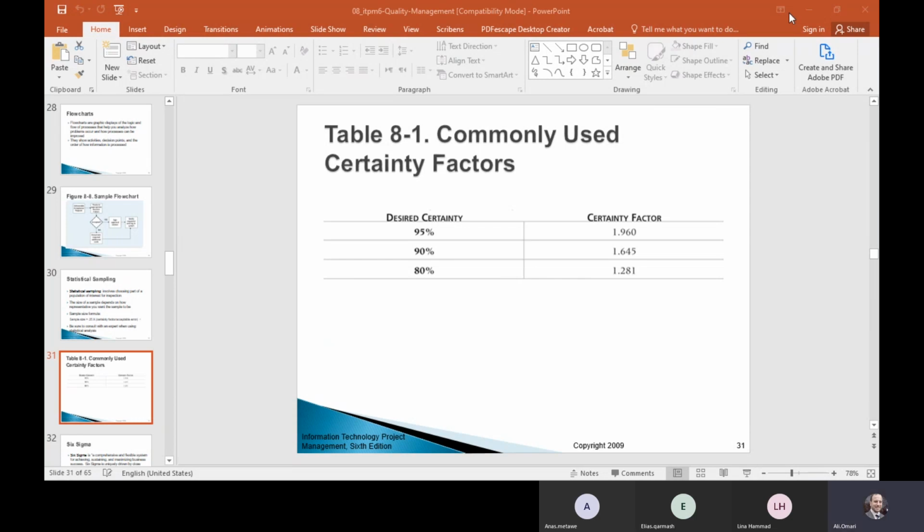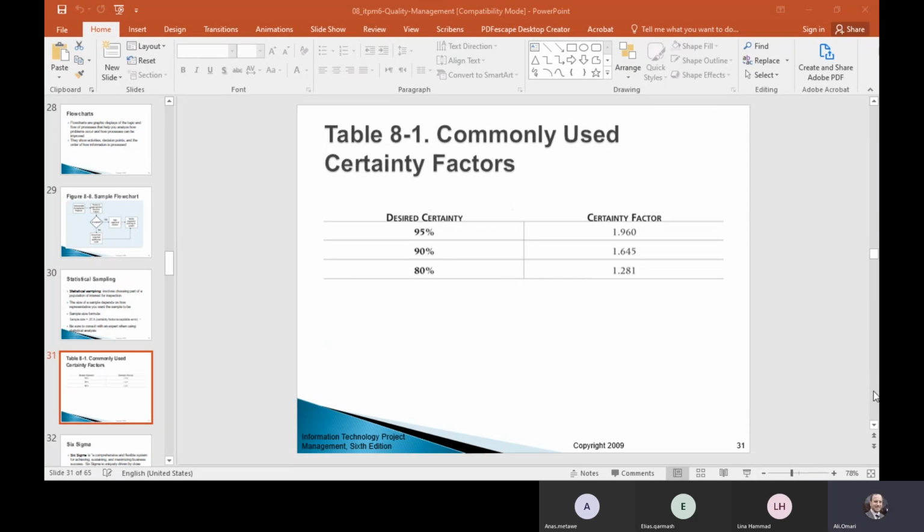The table that's showing shows that if you want a certainty of 95%, the certainty factor is 1.96. This table is set as a standard. You take these numbers as a standard that you can use in your calculation.